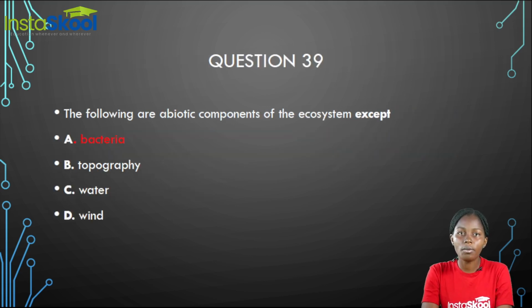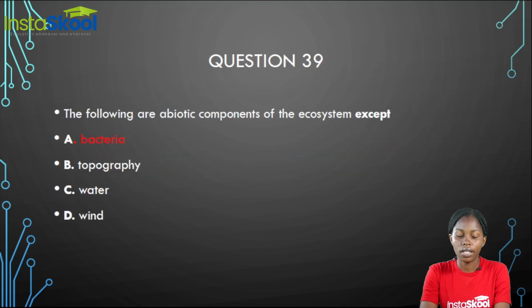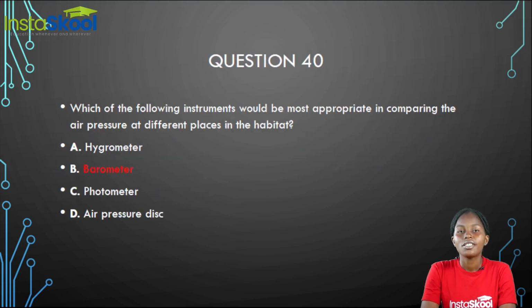So among our options, which of them is not an abiotic component of the ecosystem? It is the bacteria, because bacteria is part of the biotic component of the environment, of the ecosystem. So we now move on to question 40.